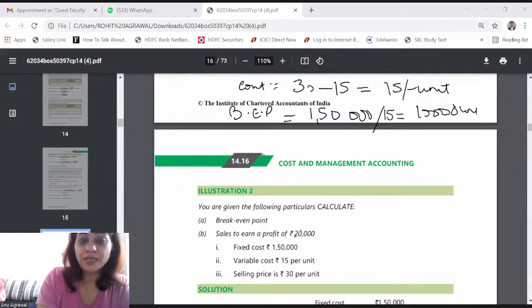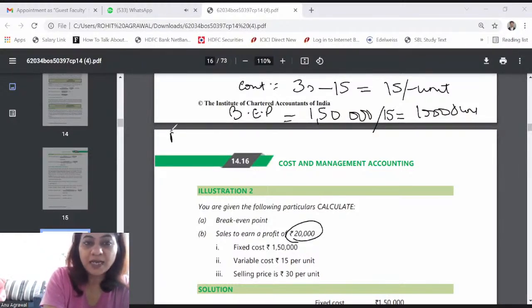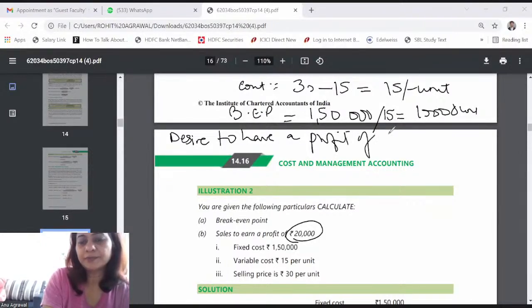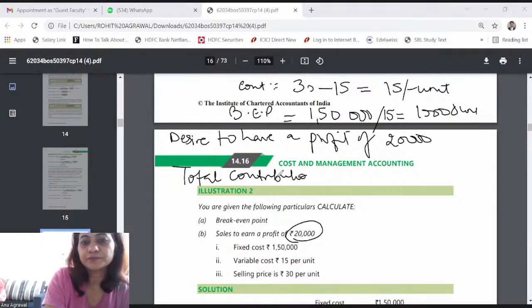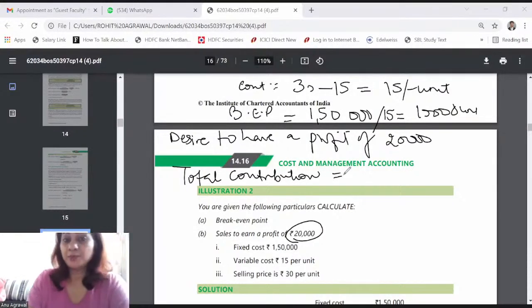Now they say, you tell me that if I want a profit of 20,000, that means if we desire to have a profit of 20,000, what is the total contribution I expect? I expect a total contribution of 1,50,000, which is my fixed cost, definitely.